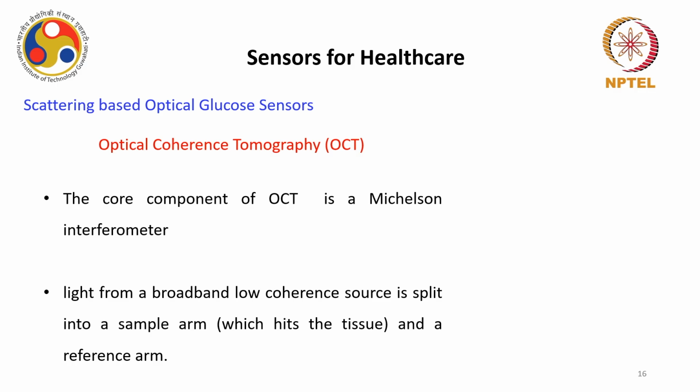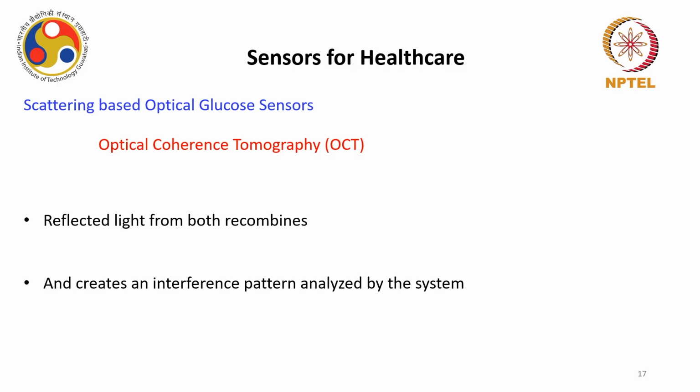The idea is that light from a broadband low coherence source is split into two arms, one known as the sample arm and the other as the reference arm. The sample arm hits the tissue to be measured, and the reflected light from both arms is recombined and creates an interference pattern which is analyzed by the system.